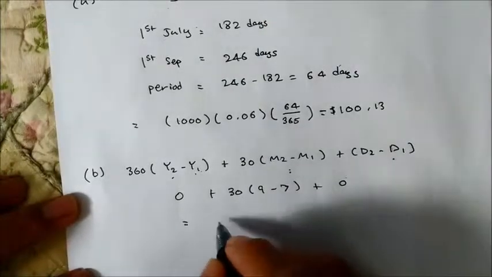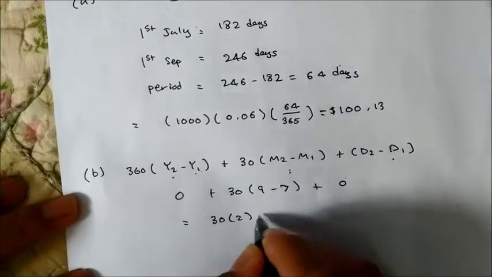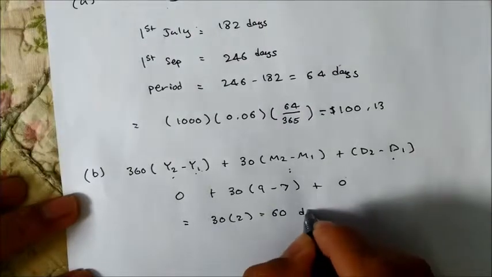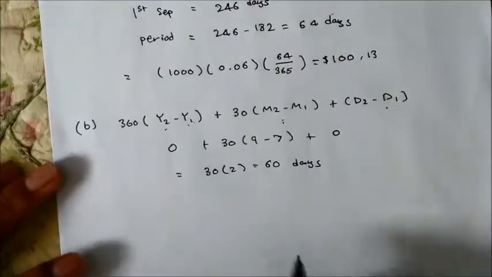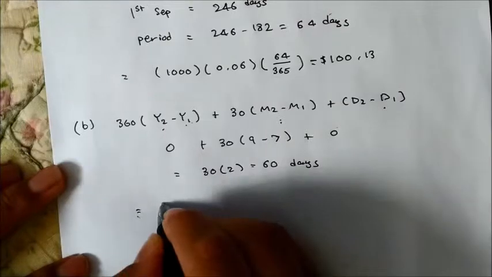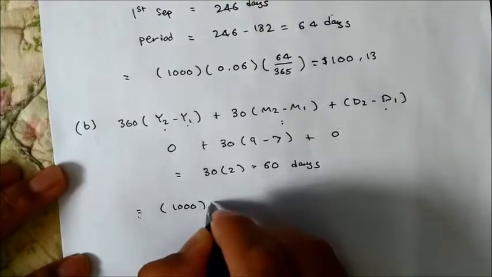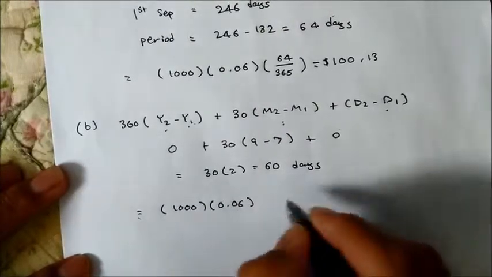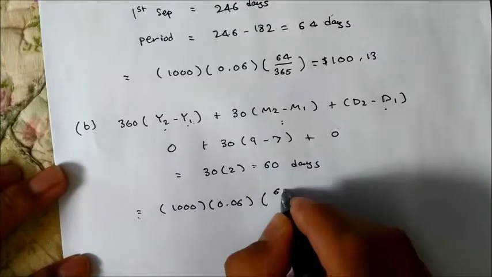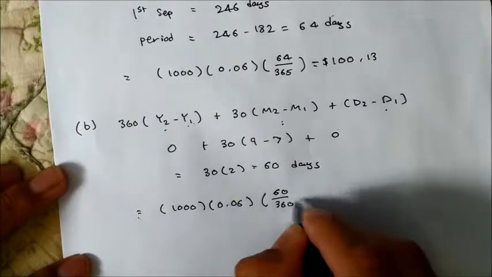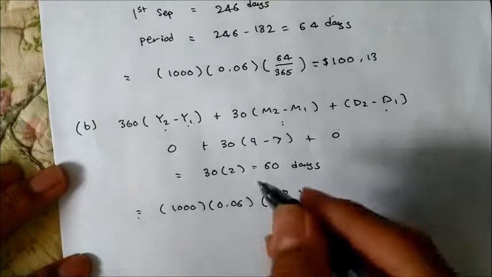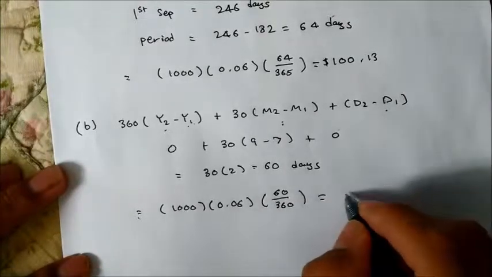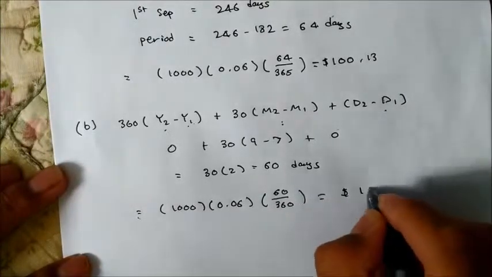Therefore, the total period will become 30 times 2, which is equivalent to 60 days. The same will be applied to find the interest, which is 10,000 times 0.06 times 60 over 360 this time. This is the difference from question A. So we will get, using a calculator, $100.